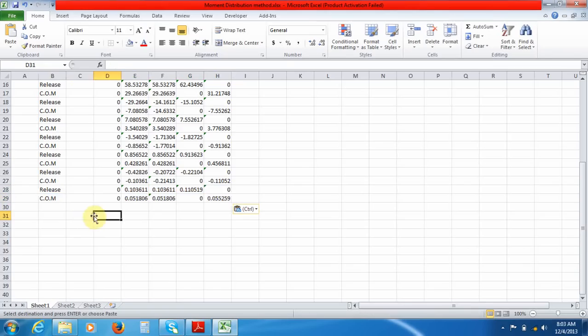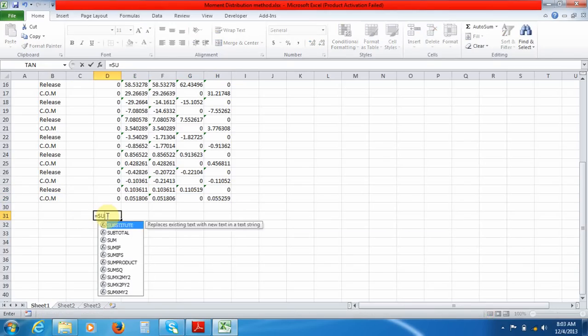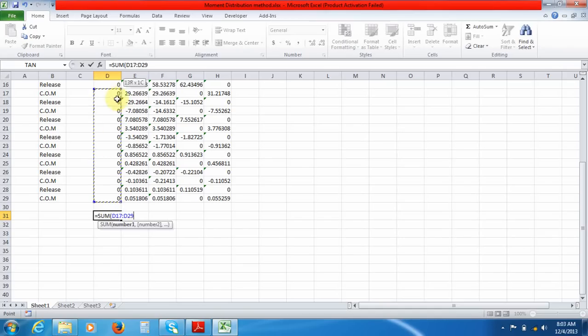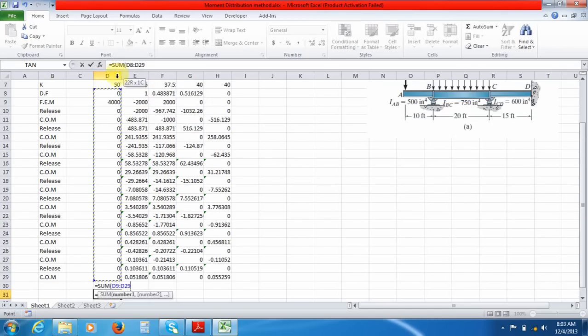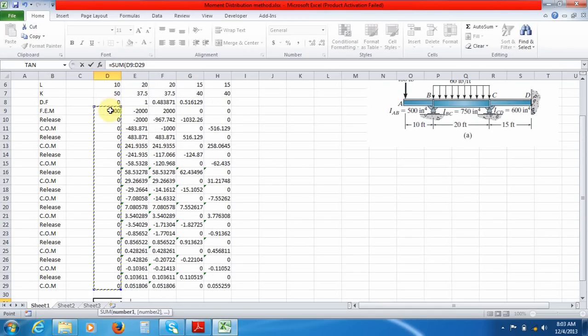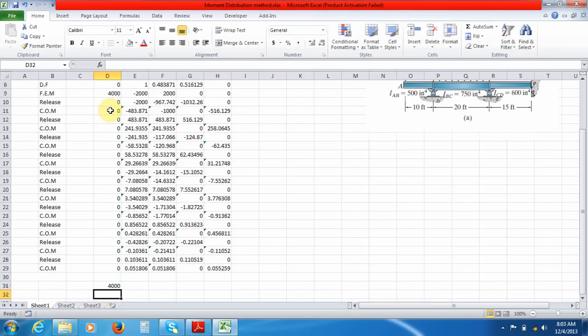So now do one thing: equal to sum of all these results up to fixed end moments. Bracket close and enter. This will be your result. Now drag it like this. Okay, these are our results.